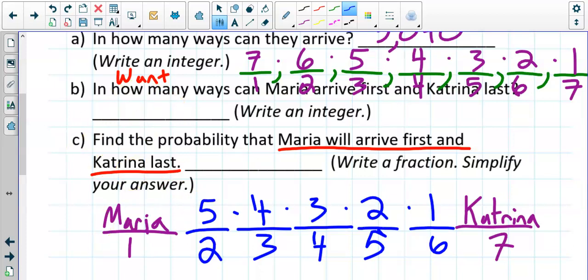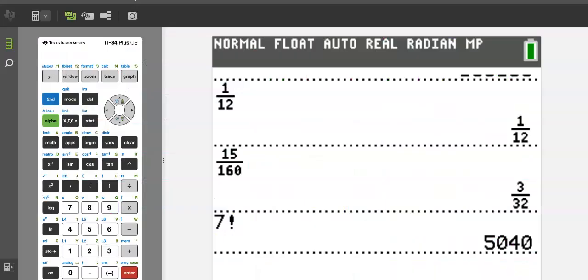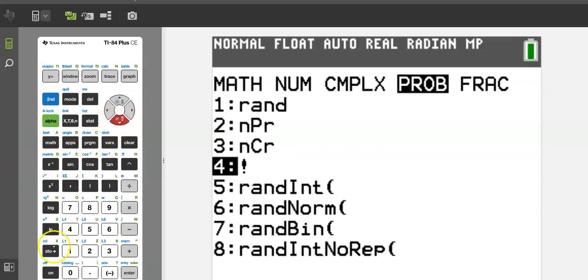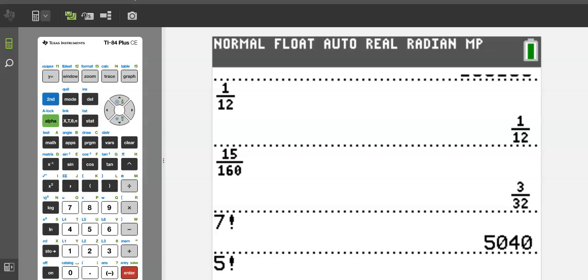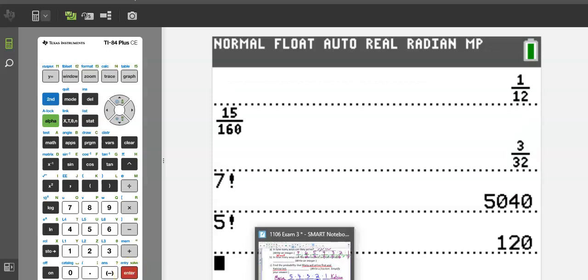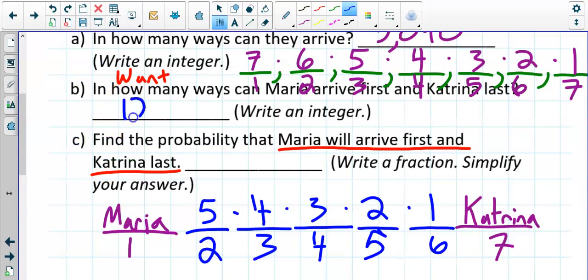Pretty straightforward. So push the 5, go to math, scroll over to probability, scroll down. There we go. 5 factorial is 120. So there are 120 ways that Maria can arrive first, Katrina last.